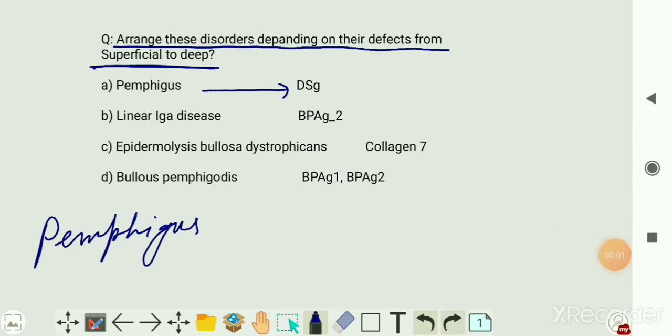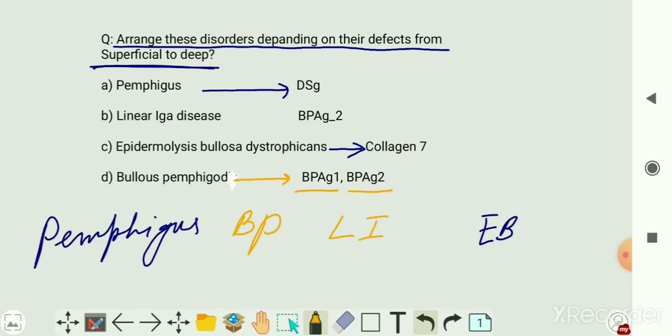Epidermolysis bullosa dystrophica is due to defect in collagen 7, and collagen 7 is present just above the dermis. That's why epidermolysis bullosa dystrophica should be arranged as the deep disorder. Then bullous pemphigoid, which is due to defect of both BPAG1 and BPAG2, but linear IgA disease is only due to defect of BPAG2.